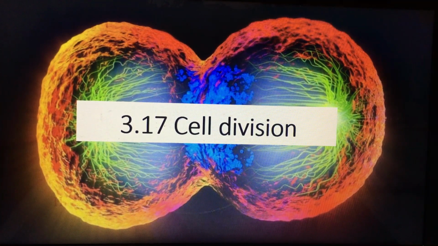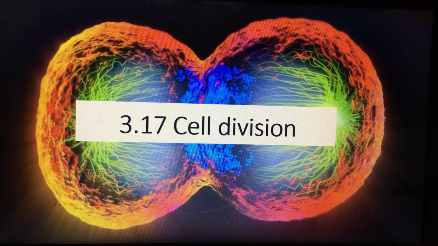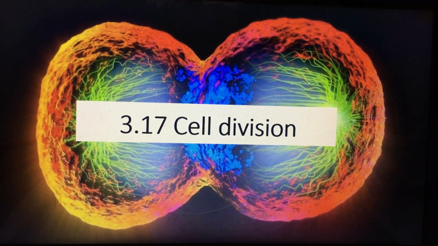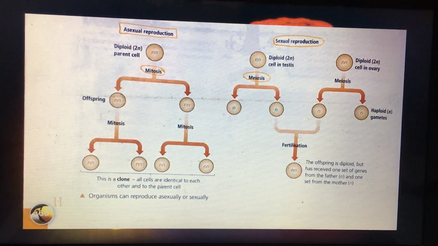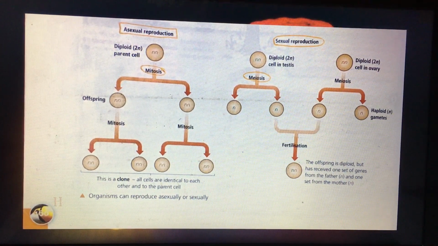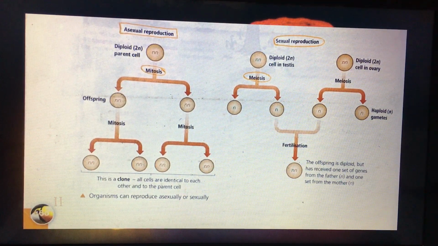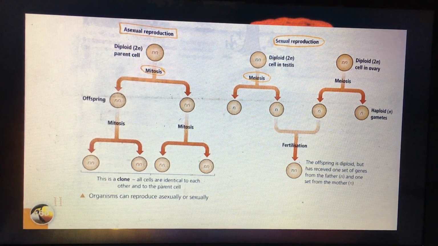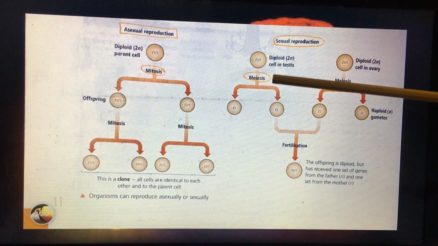Hello again. Today we are going to study cell division in detail. If you remember, in the beginning of this unit, we said that we have two types of reproduction, which are sexual reproduction and asexual reproduction. And we connect them with two scientific concepts, which are mitosis and meiosis.